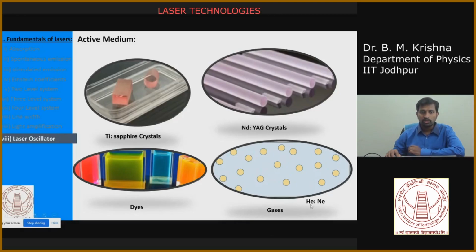In gases we have a few examples. We know about the He-Ne laser, where helium and neon gases are mixed in a proper composition to have energy levels that create a population inversion. And also we have argon lasers and krypton lasers. These are all examples of gas lasers.